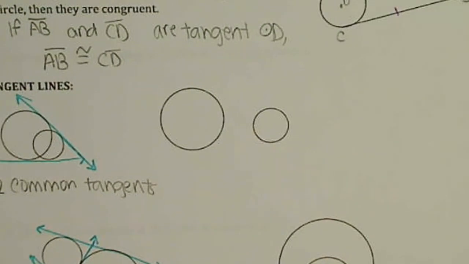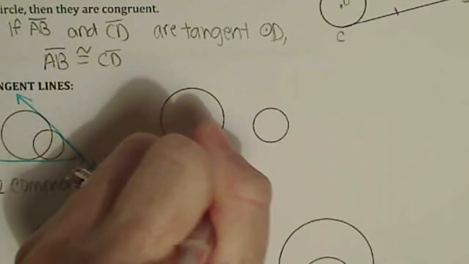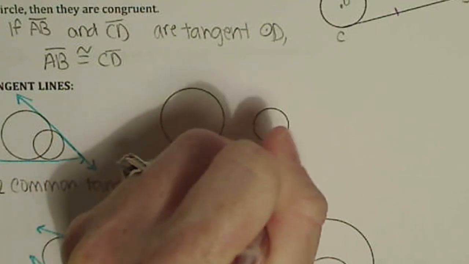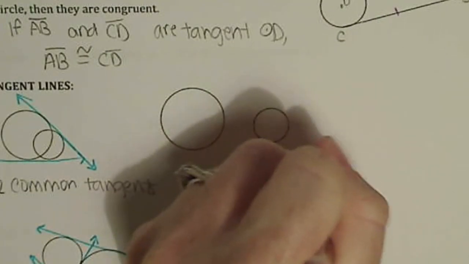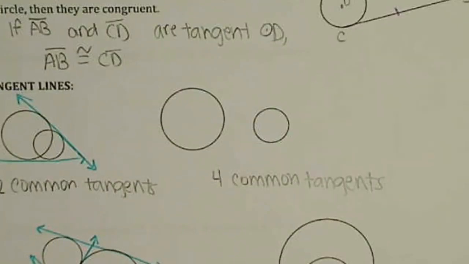Let's come up here to the two circles that are not touching each other. These two circles will have four common tangents.